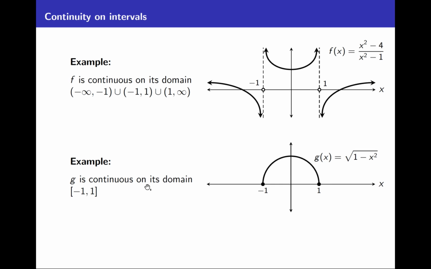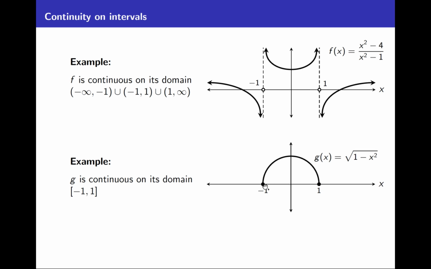And this function g of x is continuous on its domain, the interval from minus 1 to 1. It's continuous on the open interval from minus 1 to 1. Also, the limit as x approaches minus 1 from the right of g of x equals g of minus 1. The limit as x approaches 1 from the left of g of x equals g of 1.